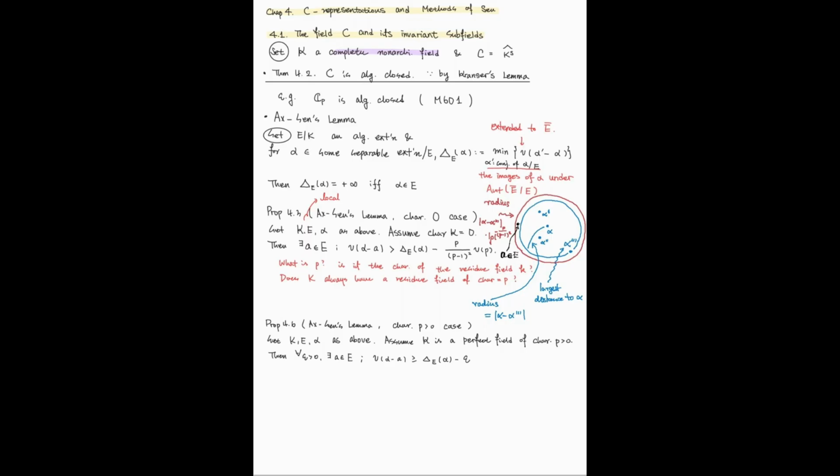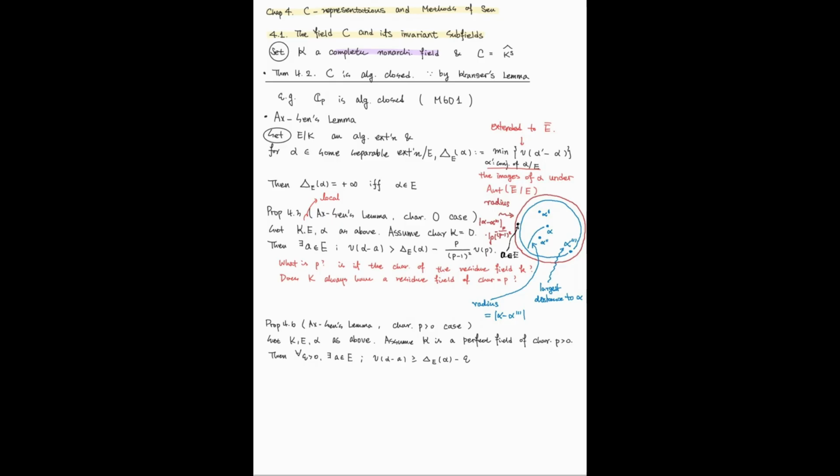This radius, alpha minus alpha triple prime, depends on how we relate the absolute value and the valuation v, and it is somehow related to delta E of alpha.